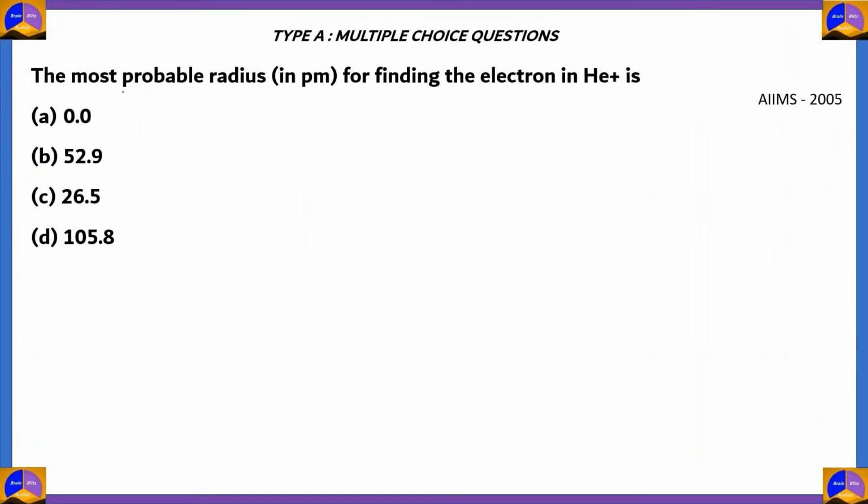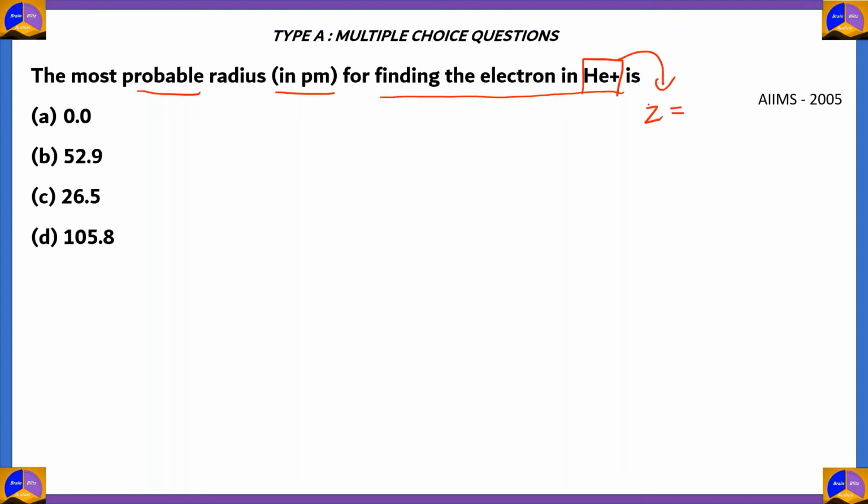Next question. The most probable radius in picometers for finding the electron in helium plus is equal to 0, 52.9, 26.5, or 105.8. Here, the unit is picometers, and the particular species is He plus.